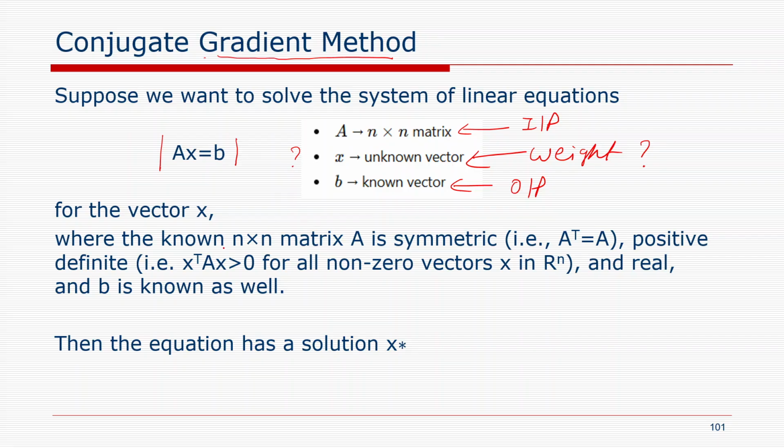But here there are assumptions. We consider that this n cross n matrix A is symmetric, meaning A transpose is equal to A. And it is positive definite, meaning X transpose A X is greater than 0 for all non-zero real vectors X, where X comes from the input here, R of n, and b is also known.